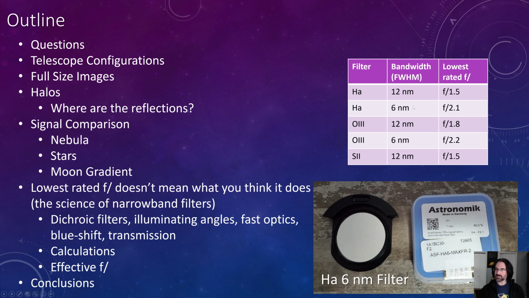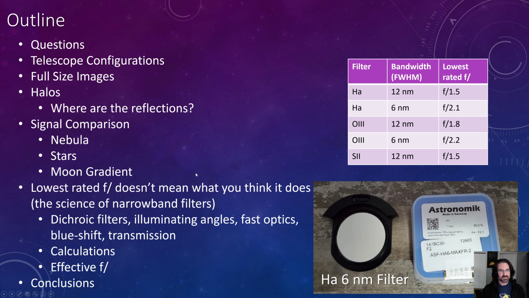This is an example of the hydrogen alpha filter at 6 nanometers. It's a dichroic filter, so it reflects back any light that is not the particular passband associated with that wavelength. We can see here that this filter should provide about 95% transmittance and work at any f-stop down to about f2.1.